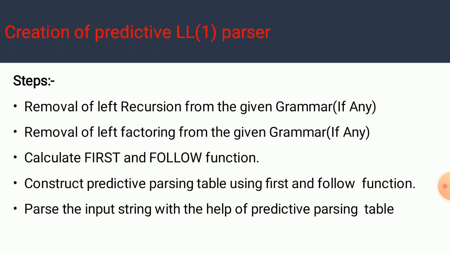After that, from the resulting grammar, we calculate first and follow symbols. Then we construct the predictive parsing table, and then with the help of this parsing table, we apply our parsing procedure for the given input string to validate whether that input string is valid or not for the given grammar.